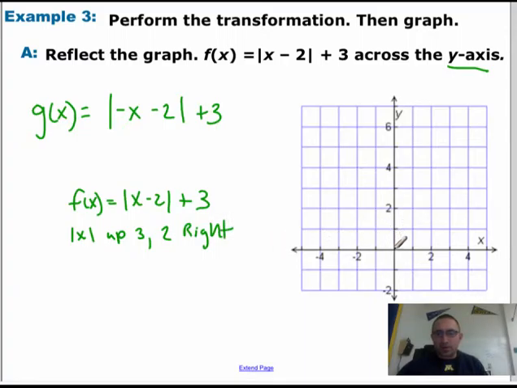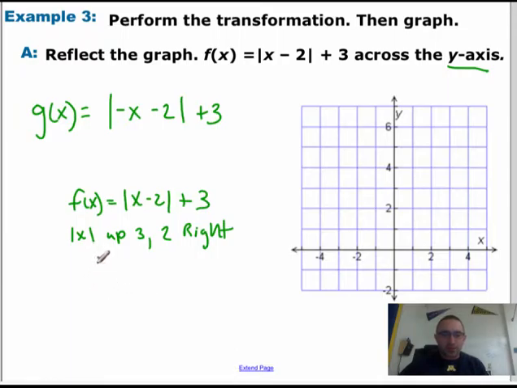So I'm going to take the original graph, which is right here. I'm going to move it up 3 and over 2 to the right. I'm going to take every point.